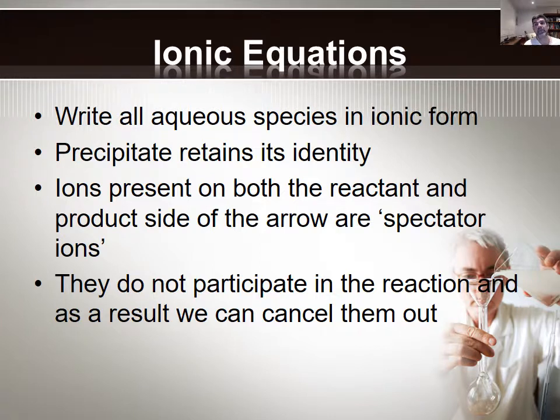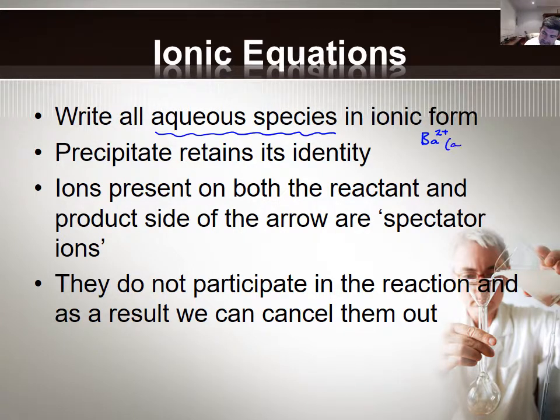The rules when we're writing our ionic equations is that we first of all write all our aqueous species in ionic form. So if the ions are in the solution, are in the water, then we write them in their ionic form. So for example, if barium is in the solution, it gets a barium 2+.